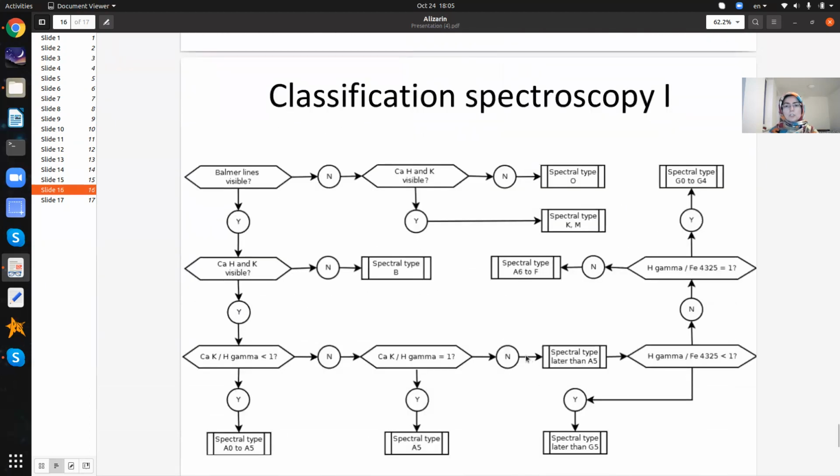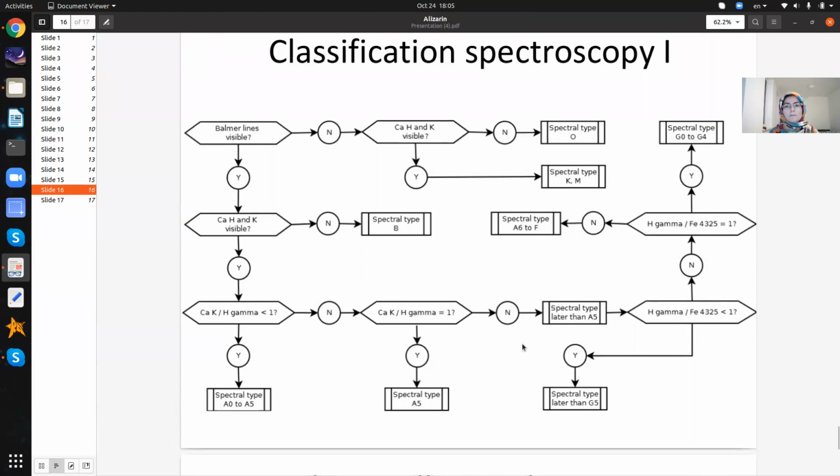Here is what we do for classification spectroscopy. For example, the lines: is it visible? If yes, we have calcium, hydrogen, and potassium. If it is visible, yes, we go to the next step. If it is no, we go to this step.